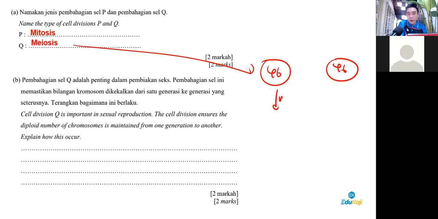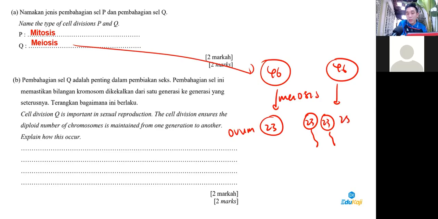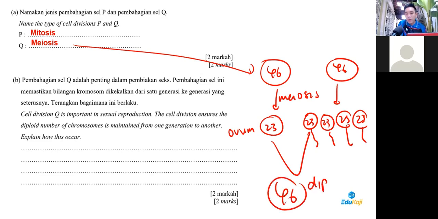Because each time we undergo meiosis, the ovum will have 23 chromosomes. Sperms will be 23 as well. So when these two fertilize, then we get back a diploid zygote.